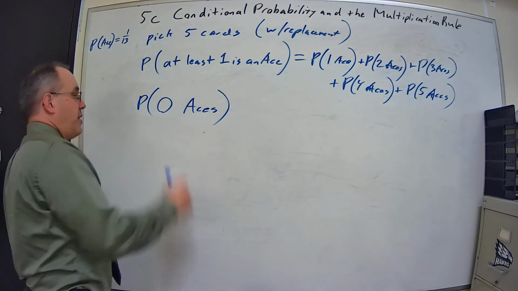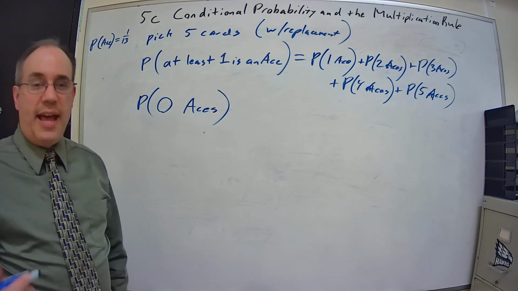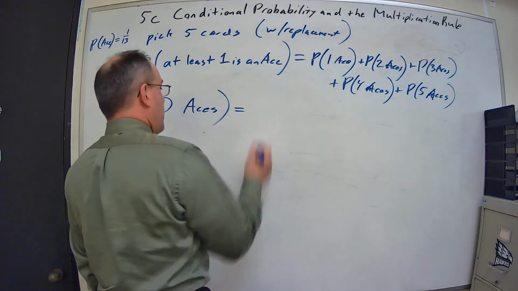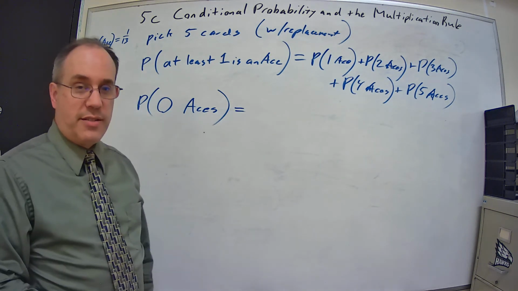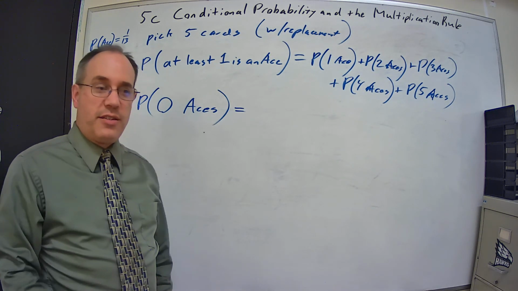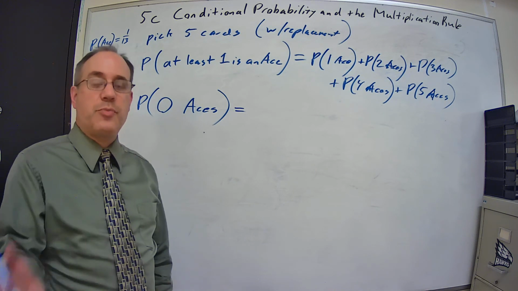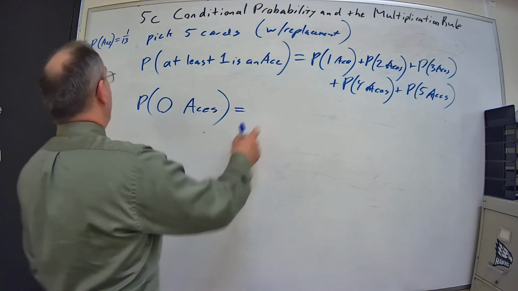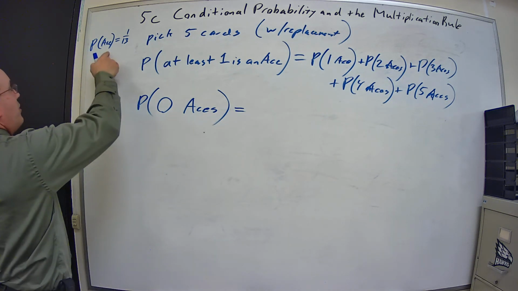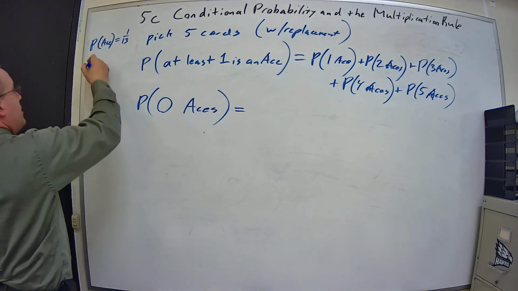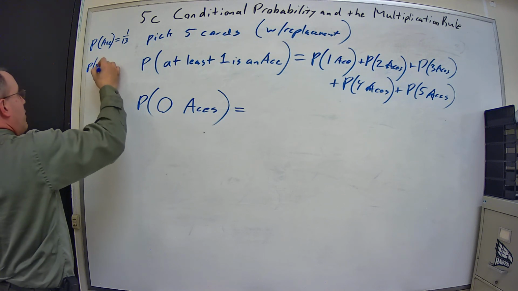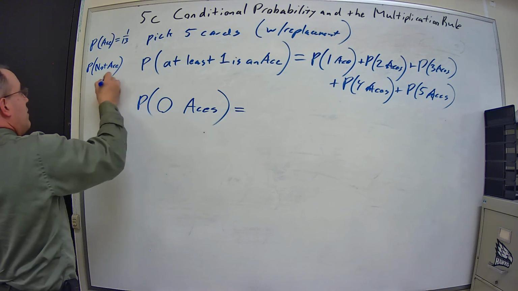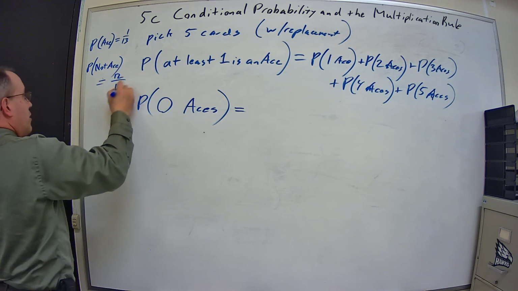If I want to find the probability that I don't get any aces, that's equal to the probability that I don't get an ace, times the probability that I don't get an ace, times it again, times it again, and times it again, five times in all. If the probability that I select an ace is 1 out of 13, the probability of not an ace is equal to 12 over 13.